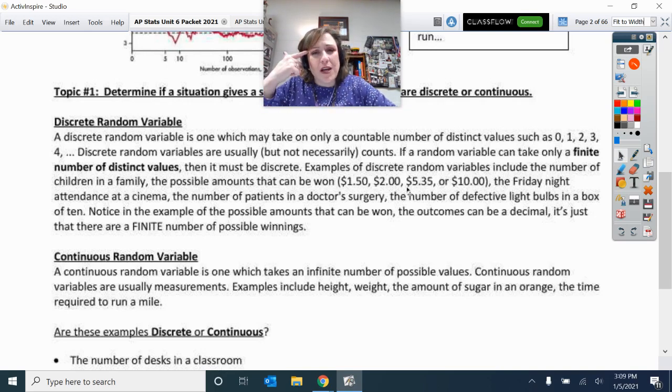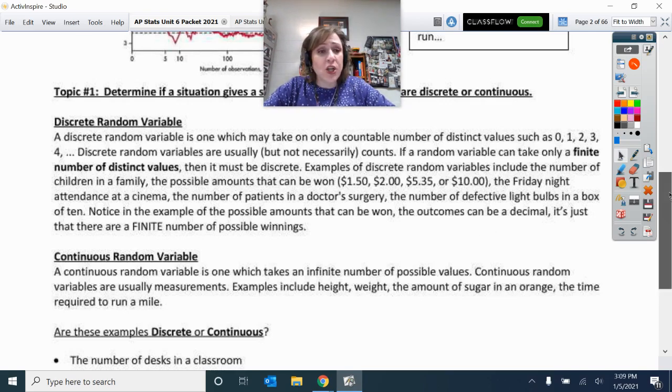Okay? So it's not entirely correct to say, oh, it's a whole number amount. The outcomes aren't whole numbers, but yes, I have a finite number of possible outcomes. Okay, 3 possible outcomes. So you do have a whole number amount of possible outcomes.